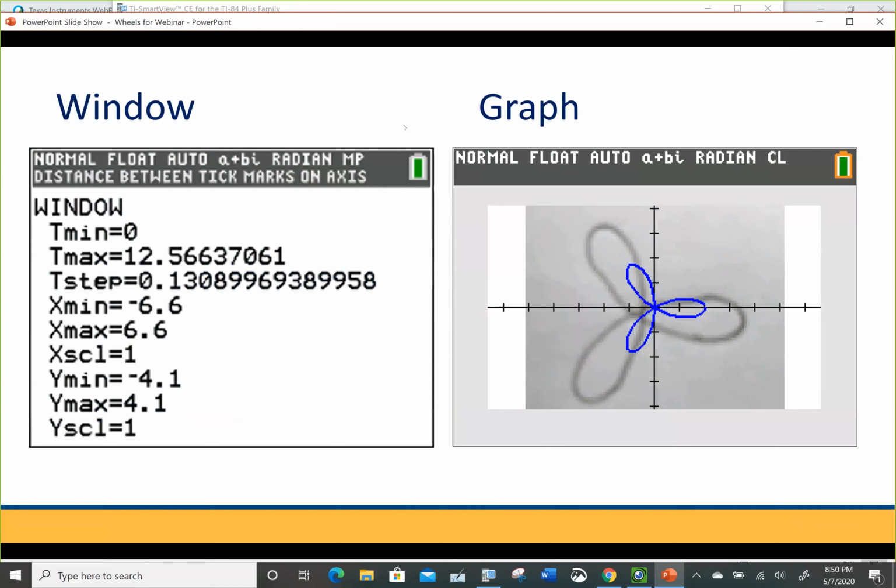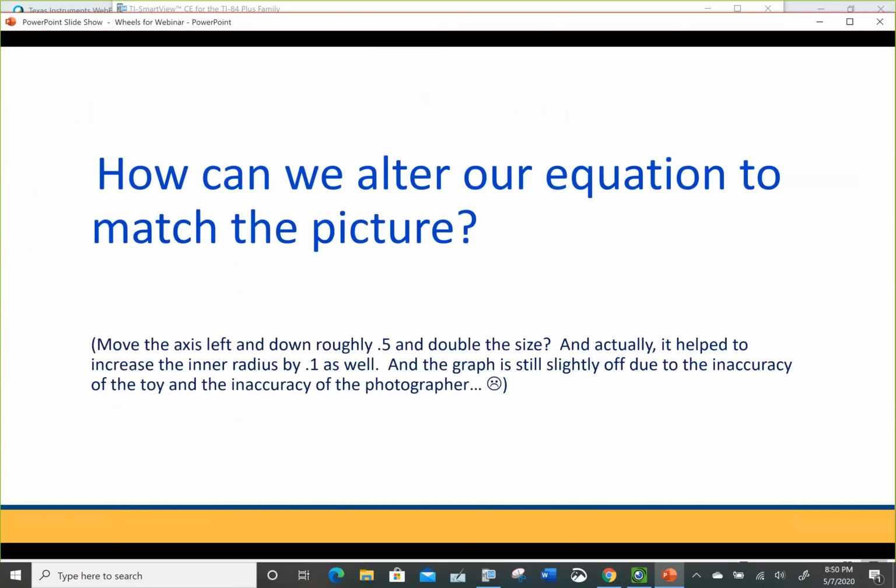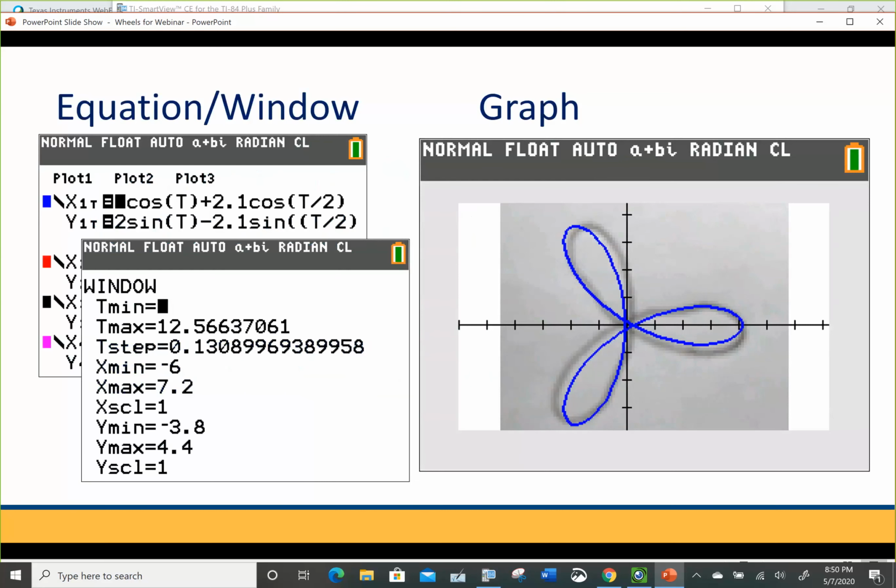My students would not be happy with the way it looks. And so I played with it and altered the equation to match the picture. And what I had to do actually is increase the inner radius by 0.1 as well. But by playing around with the graph a little bit, we were able to get it that close. And the only way I could get it better is to take a better picture or else to rotate the figure. And that's another webinar.